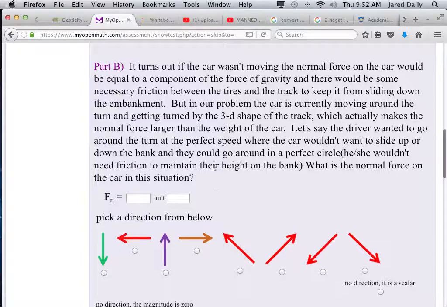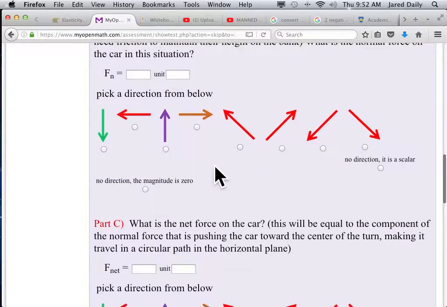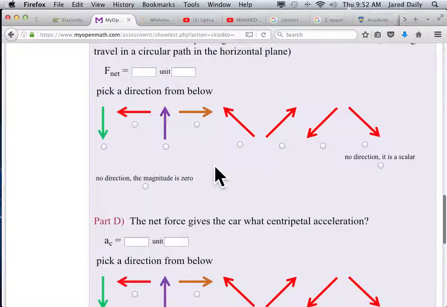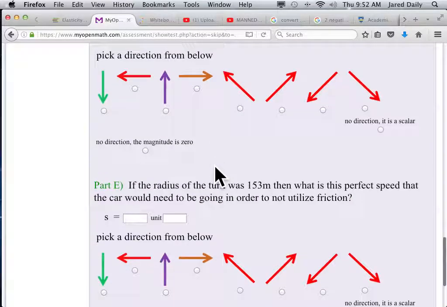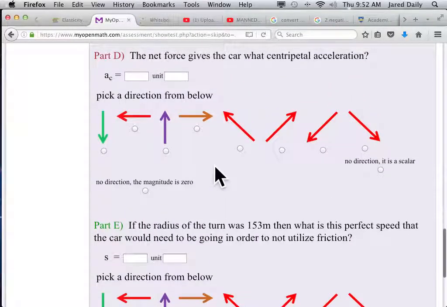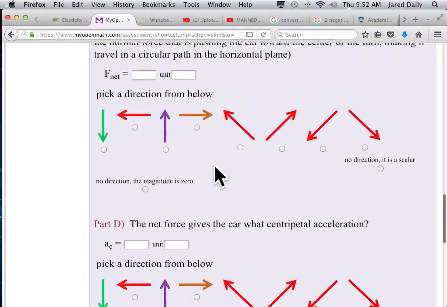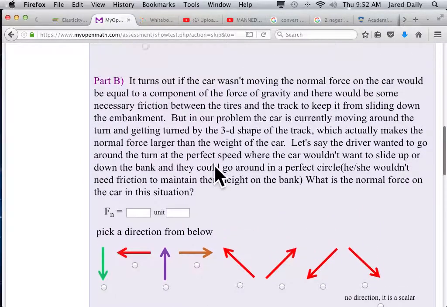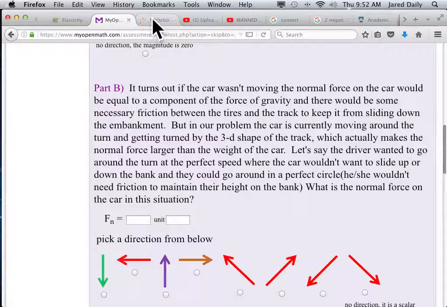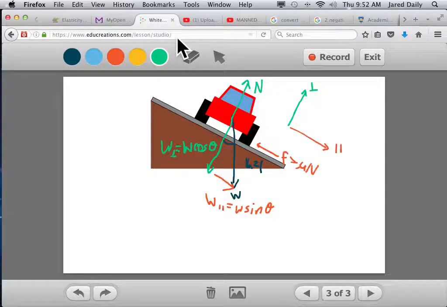What's the normal force of the car in this situation? Oh, so here they do talk about the centripetal acceleration. I didn't think they would. We don't have that in our wheelhouse yet. It's like the first part of chapter 6. It is. But that's okay, let's do it anyway.